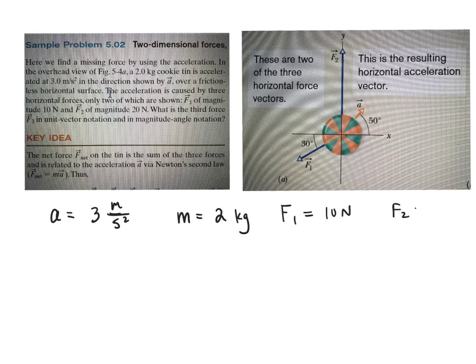The force applied, F2, is given, 20 newtons. Next, I've got to start listing a bunch of thetas. The theta for the acceleration is 50 degrees. And then theta for force 1 is, now this is where it's going to get a little bit tricky, right? 30 degrees, what am I going to write here?